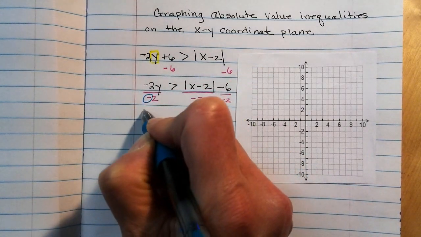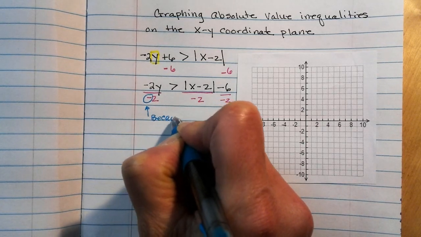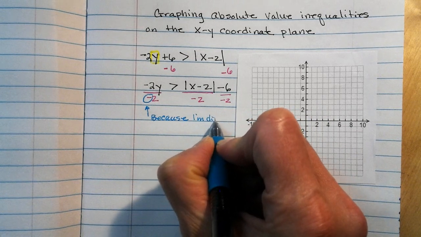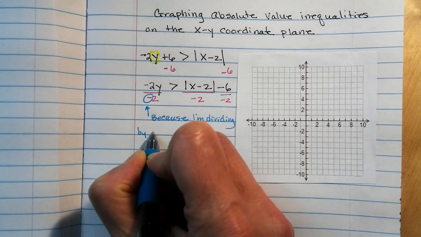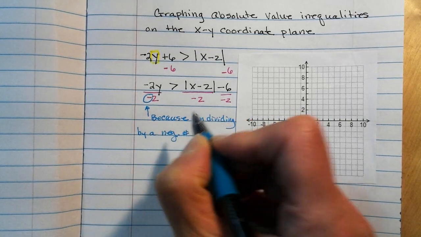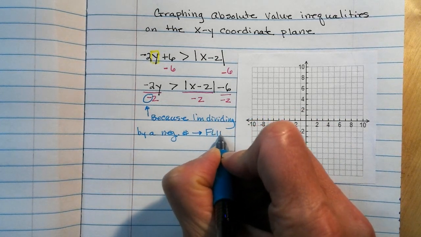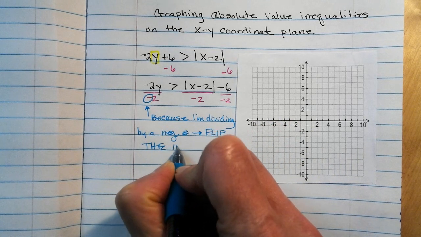Because I'm dividing by a negative number, I have to flip the inequality.